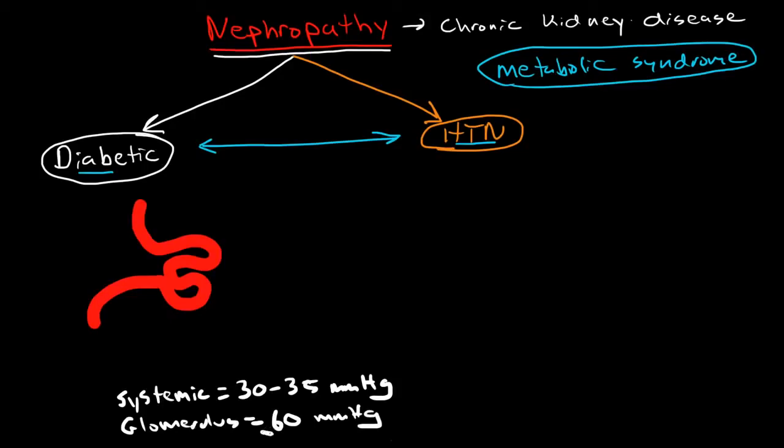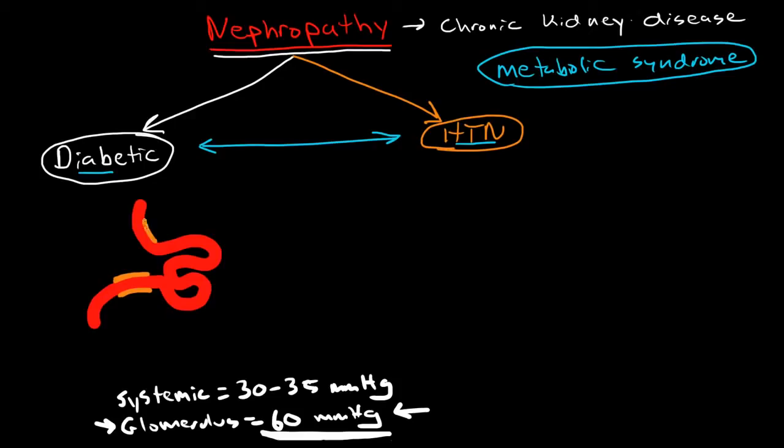So just keep in mind that even when we have a normal healthy capillary in the glomerulus, these are capillaries that are exposed to very high pressures. But the body has mechanisms to keep these pressures in a very tight window.